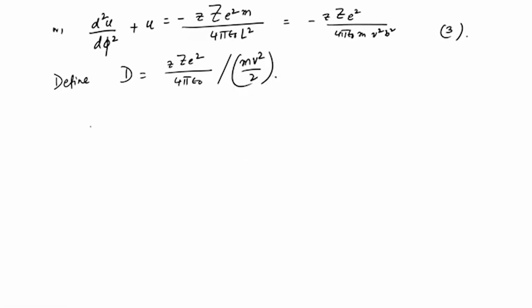So, one can write again this in a simpler fashion. This is equal to minus d over 2 b square, and this is nothing but a linear differential equation for u, where the second derivative plus the variable itself is equal to some constant for a given problem. Okay.